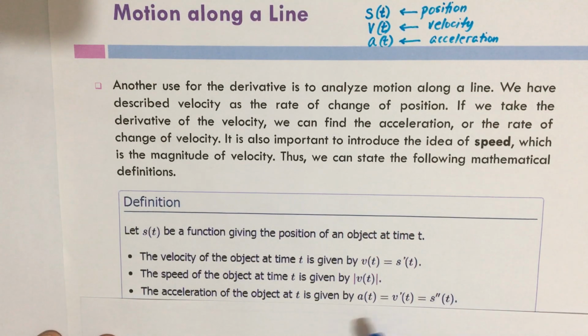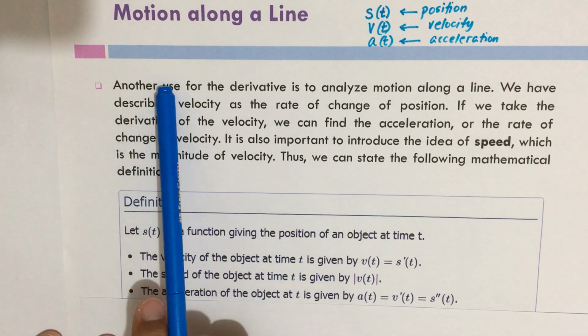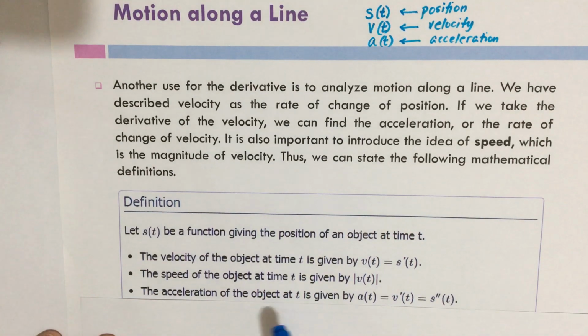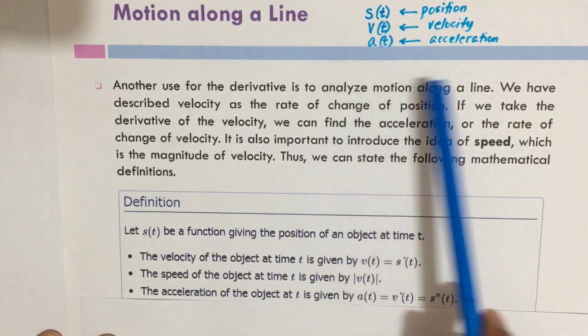So in other words, our acceleration is just the second derivative of the position of the object given as a function of t. Okay, so these are the basic concepts for this part of our application, motion along a line. So we need to remember these three things.